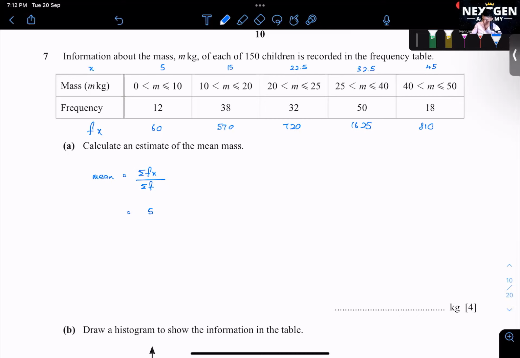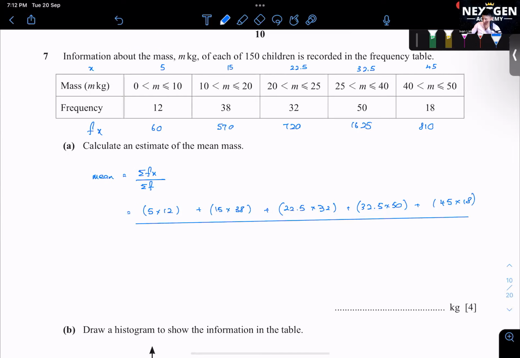So 5 times 12, then plus 15 times 38, then plus 22.5 times 32, plus 32.5 times 50, plus 45 times 18. So you can double check from both top and bottom.